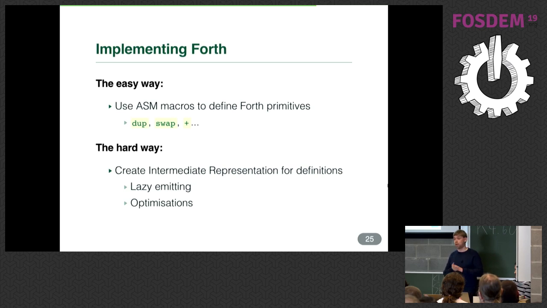So you can create a million definitions, and if you don't use them in your main code, we won't emit them to the ROM, which is quite useful with the 32 kilobytes that you usually have. Other things are optimizations. We have worked on tail call optimizations in this. There's a lot of other things we can do using an intermediate representation.